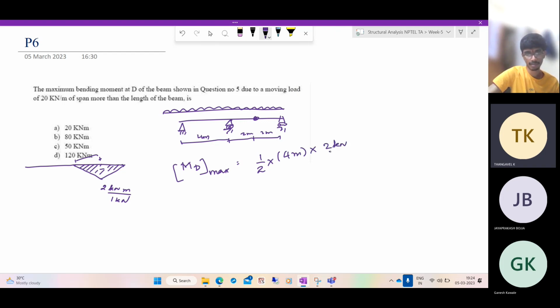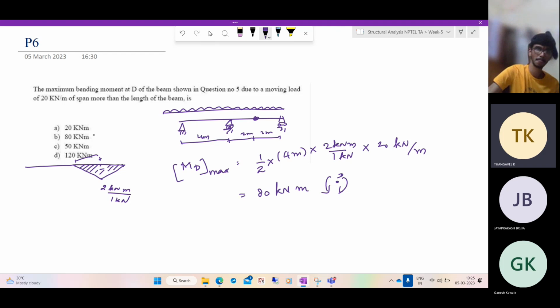Height is 2 kilonewton per kilonewton load. And what is the load intensity? Force intensity is 20 kilonewton per meter. Now check the units, it should be correct. Meter, meter, meter. So we'll get meter and kilonewton. So we'll get 2 into 2, 80. Is it sagging or hogging? It is hogging. This is the point D. So you will get option B.